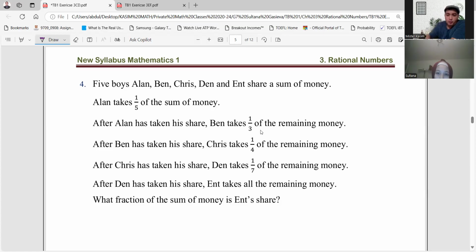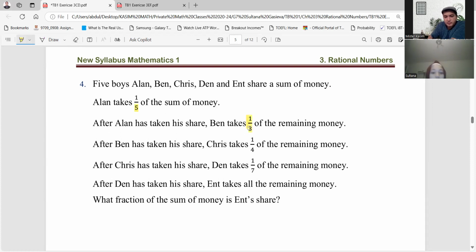we'll do it together. One way is, Sultana, if you look at the denominators, okay, let's do the algebraic way. Here we have 5, right? So this one is 3, right? So this one is 4. Okay.